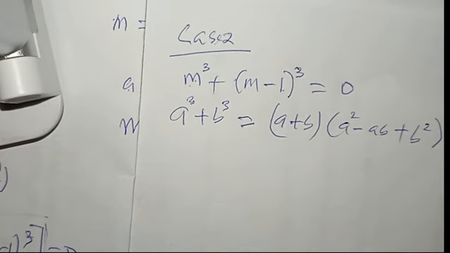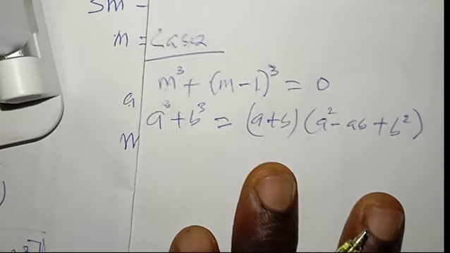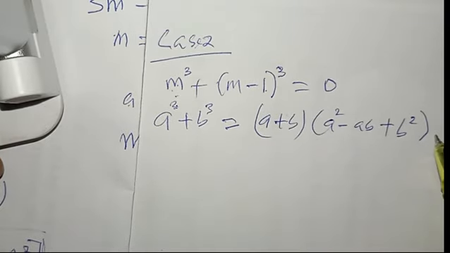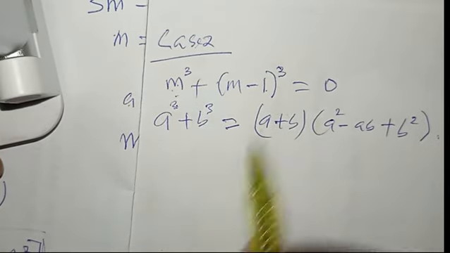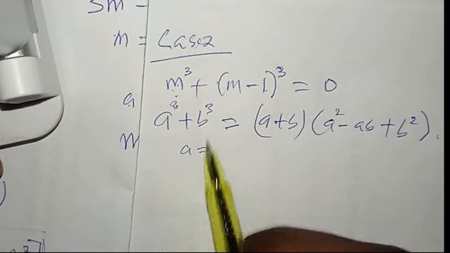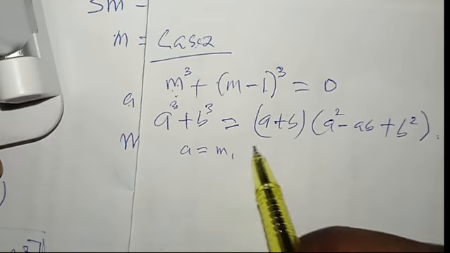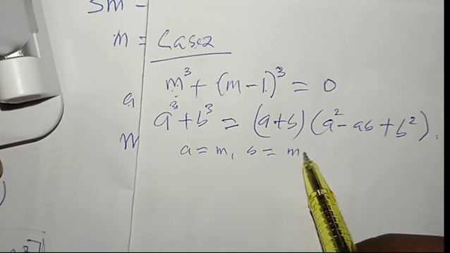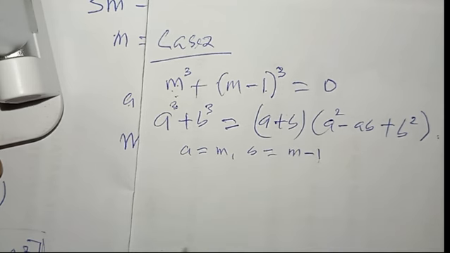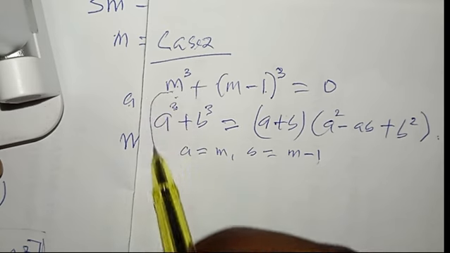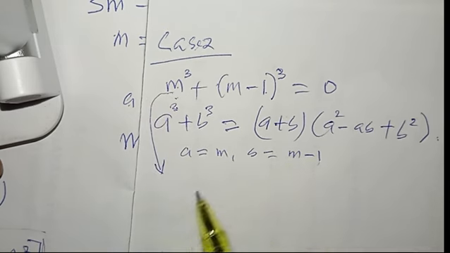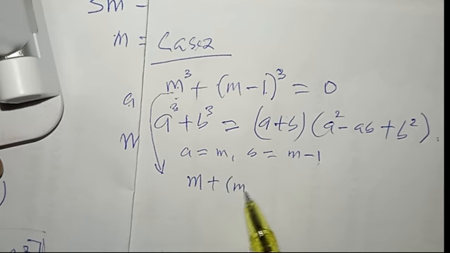We're going to be using this expansion to simplify what we have up here. So in this case, let me write our a is equal to m, and our b is equal to m minus 1. So we have our a plus b becoming m plus m minus 1.